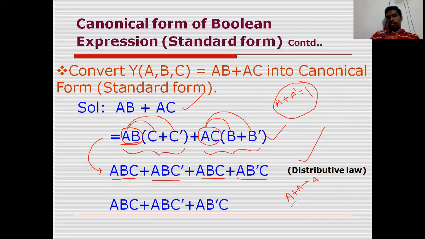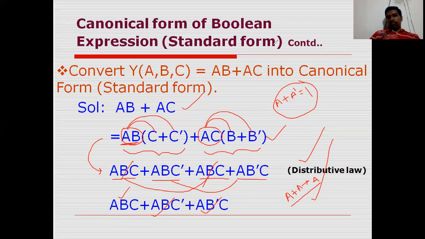Likewise, A plus A is equal to A. Not only two A's, if you add A plus A plus A and so on, n number of times, you will still get the answer A. That's why when I add ABC plus ABC, two same terms being added, I will get only one as my answer. ABC plus ABC is equal to ABC. So these two terms are simplified. Now these two are remaining. Directly write them in your answer.